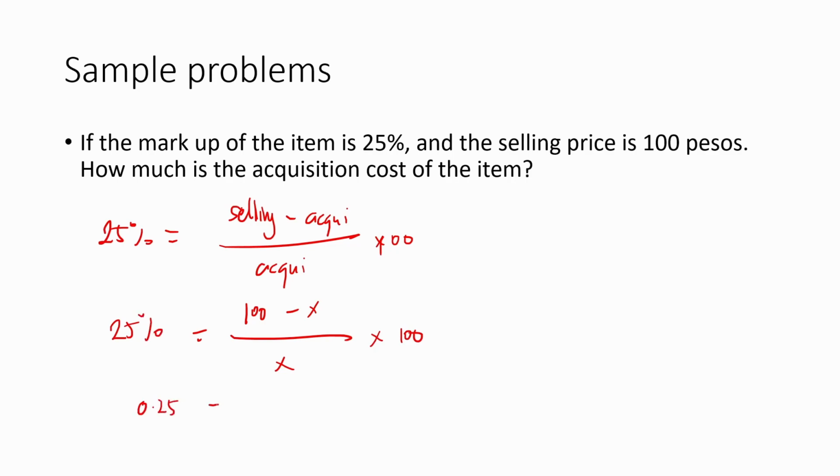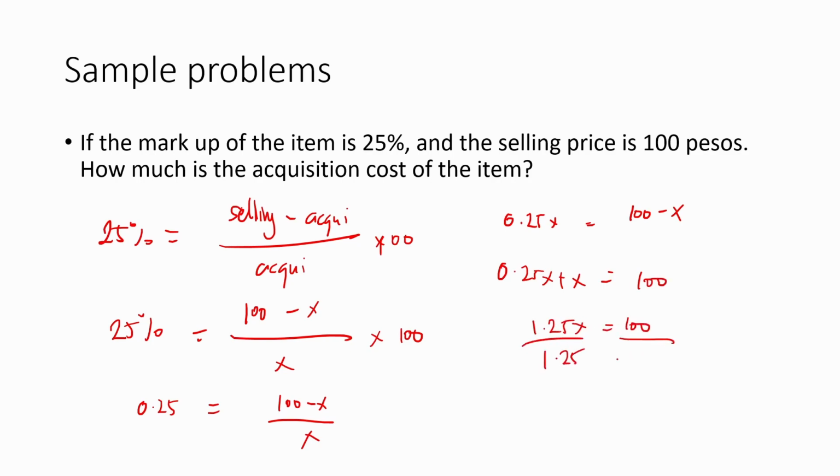So 0.25 equals 100 minus x over x. 0.25x equals 100 minus x. So 0.25x plus x equals 100. 1.25x equals 100.